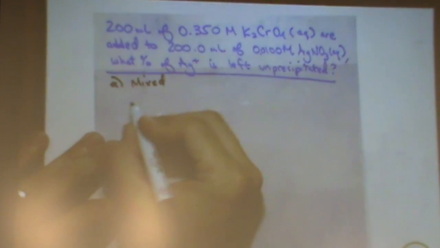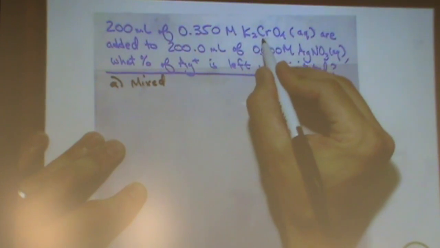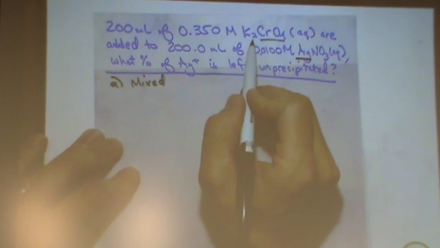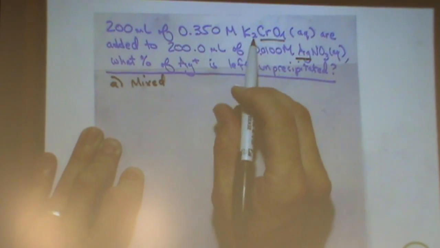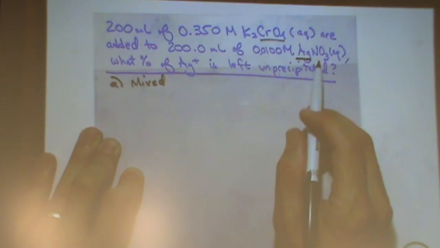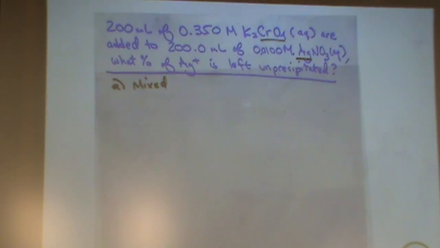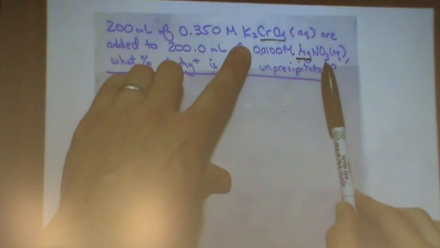So what you would do is say, okay, well, the 2 important compounds are chromate and silver. Why do I ignore potassium? Spectator ion. Why do I ignore nitrate? Spectator, yeah. Let me ask this. Well, people from other classes, do you know why these are spectator ions?